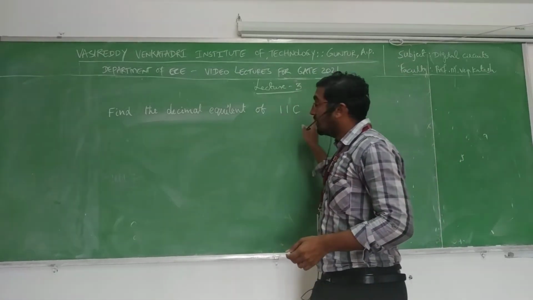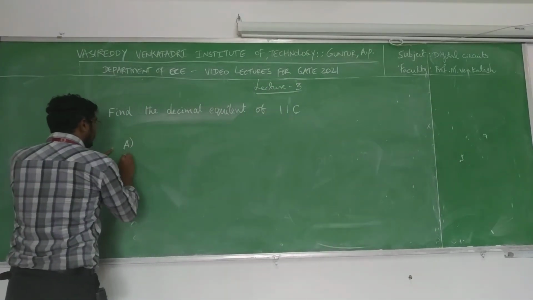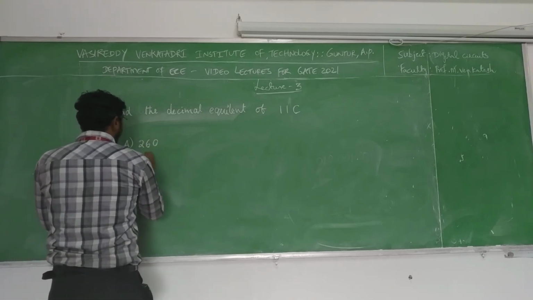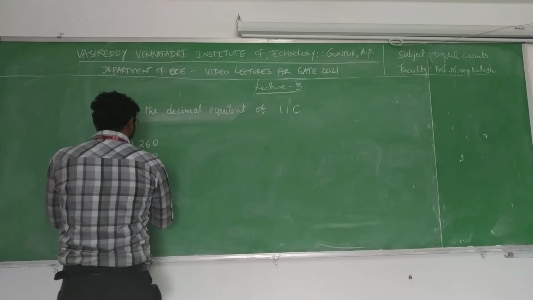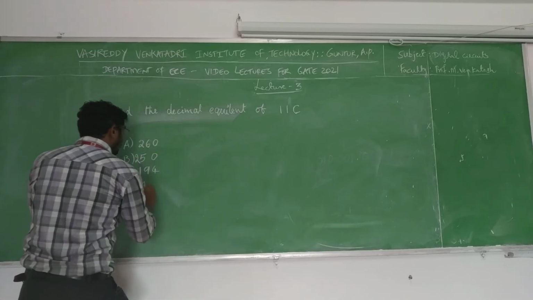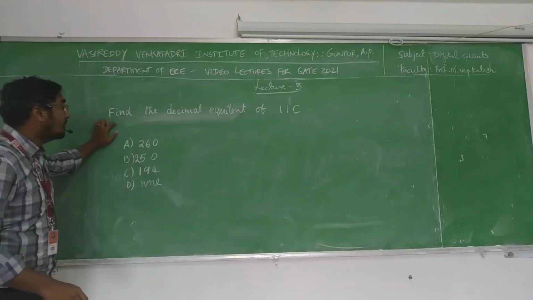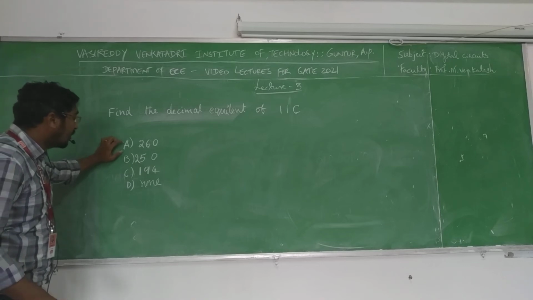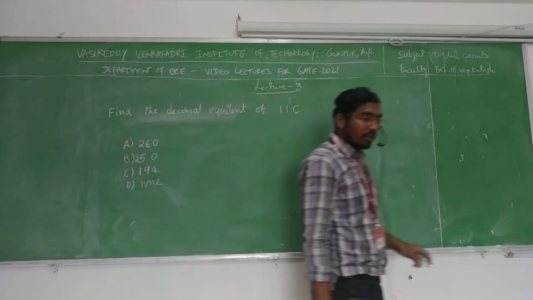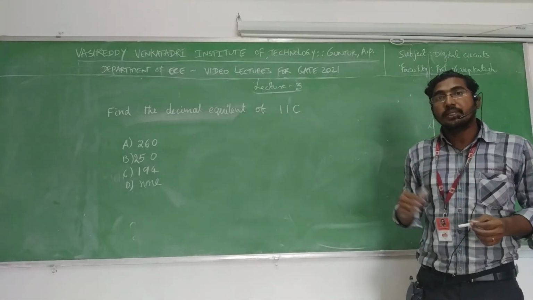Find the decimal equivalent of 116, and they have given 4 options: 260, 250, 194, and 9. We can pause the video for a second and you can try on your own, then check the result.